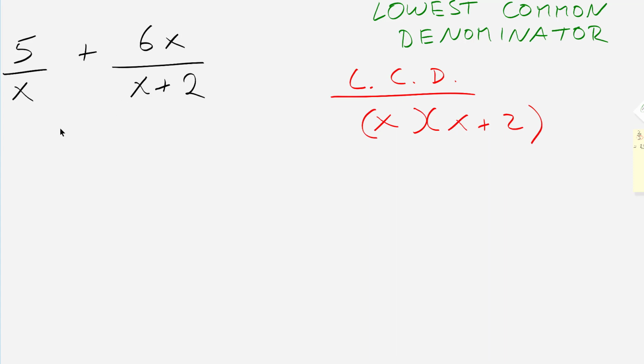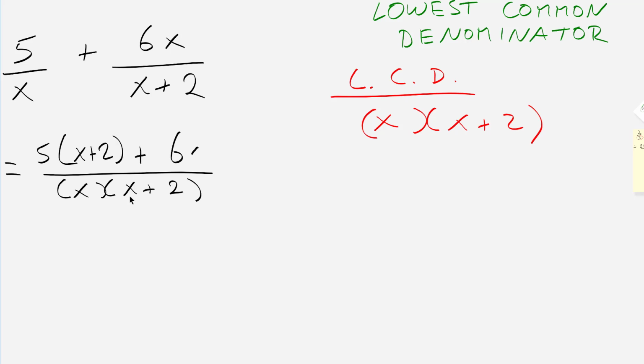So then how do we go from here? Well, x divides into x, leaving x plus 2. So the 5 must get multiplied by x plus 2, plus the 6x, well, x plus 2 divides in leaving x, so the 6x is going to get multiplied by x.